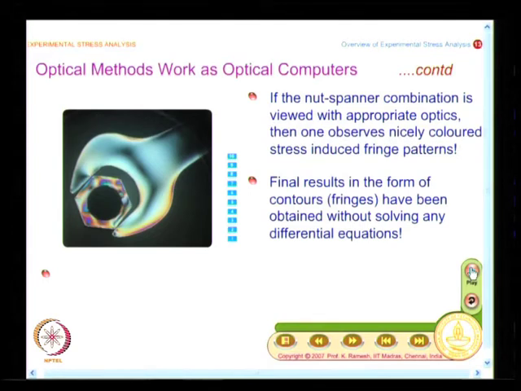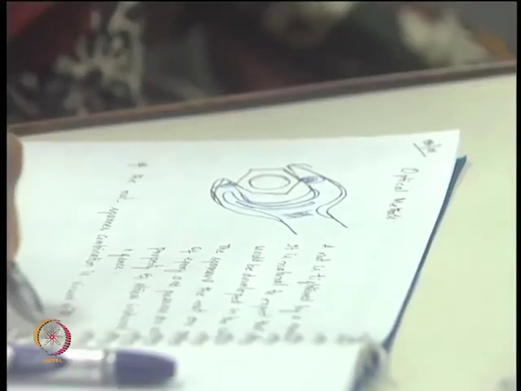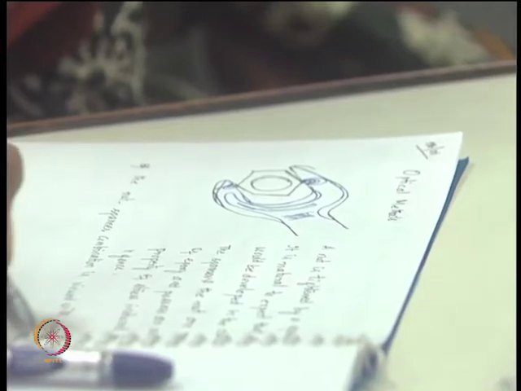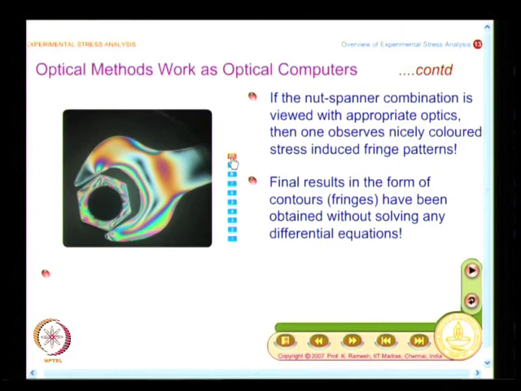If I had to do a similar exercise as a numerical approach, I would have to formulate the problem as a set of differential equations, solve it either in closed form or at least in the form of an approximate approach, then go to a computer, use plotting software and replot the values, then I will get these contours.